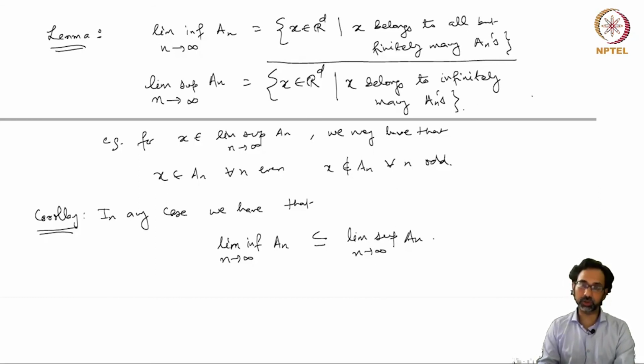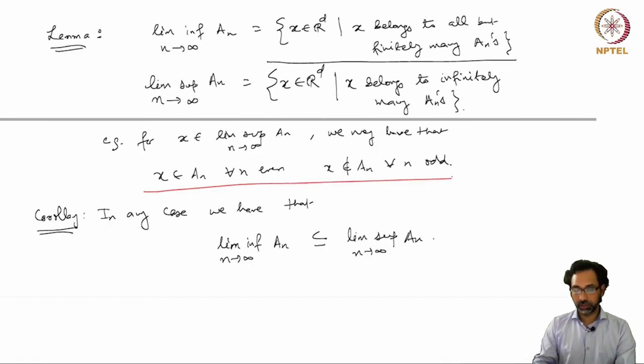So of course, if x belongs to all but finitely many n's, then it belongs to infinitely many n's, but the converse is not true, as we see in this example. So in this way, we have a more tangible, more practical definition of what lim sup and liminf actually describe. Now we will use these two sets to prove our implication from 5 to 1.